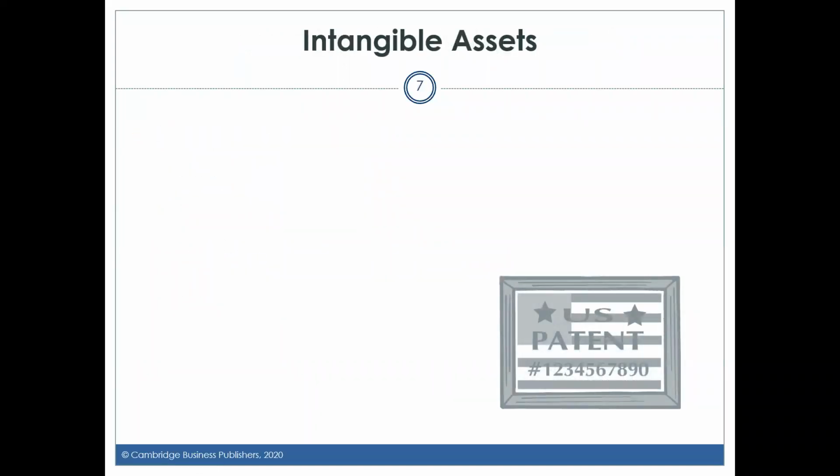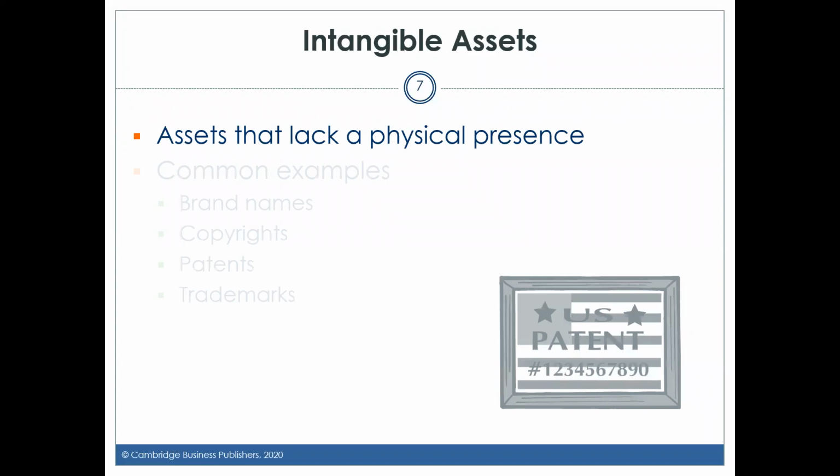Intangible assets, examples. Well, first, the definition. These are just assets that lack a physical presence. So like intellectual property, or the right to be able to produce something and you're the only one that has that right because you have a patent.